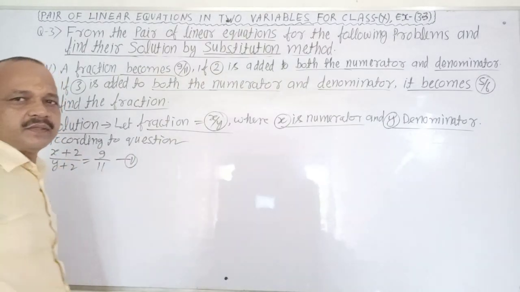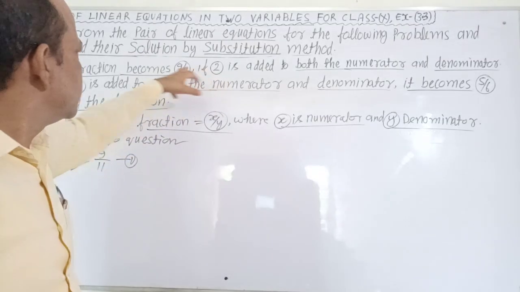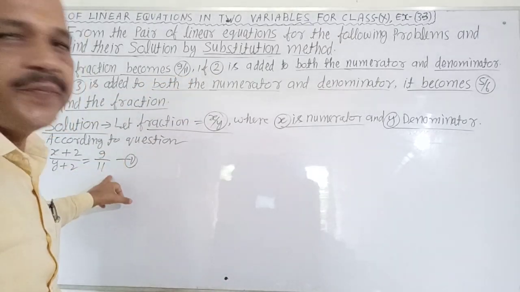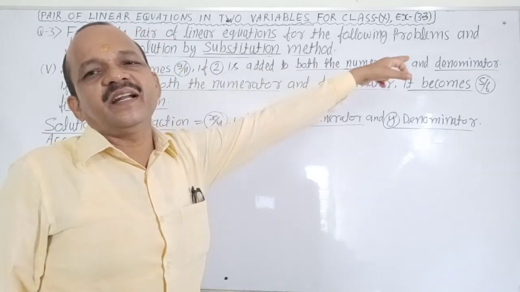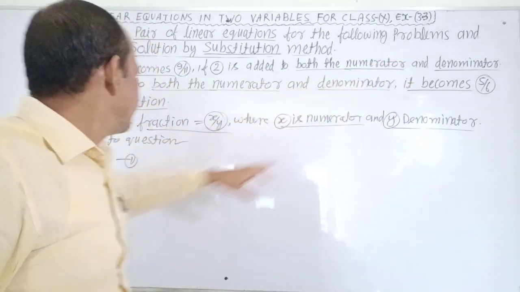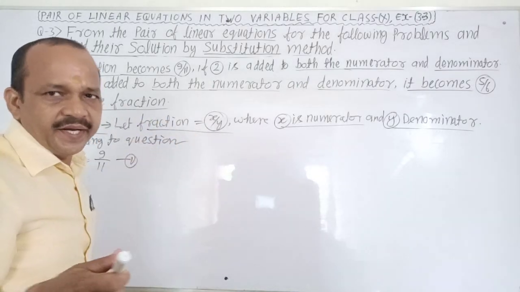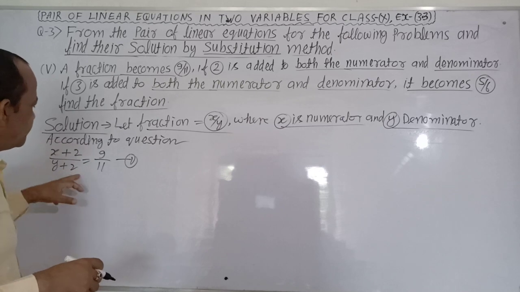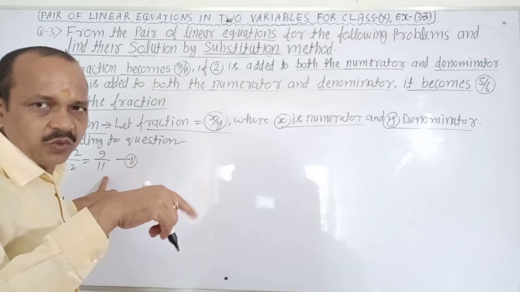This is the equation according to the first situation: the fraction becomes 9 by 11 if 2 is added to both the numerator and denominator. The fraction is x by y, so x plus 2 upon y plus 2 equals 9 by 11.